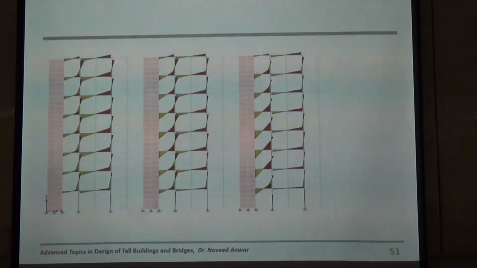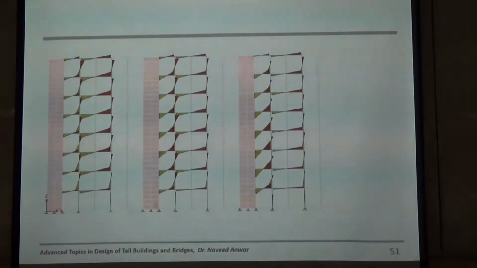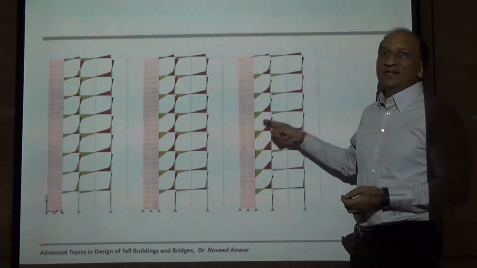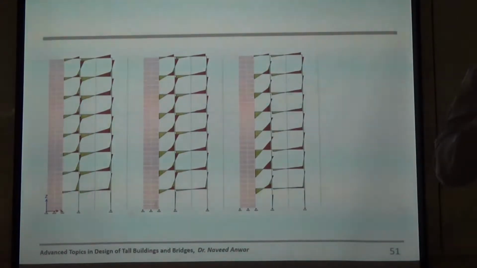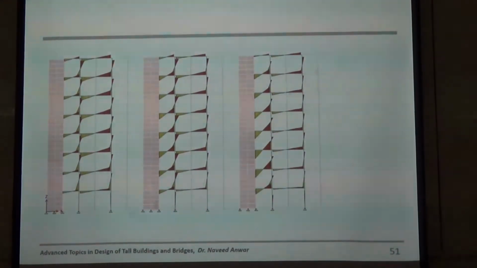So sometimes we have to allow these beams to yield. That means we have to use capacity-based design we talked about last time. We have to allow these beams to have hinges, and that is very important. In fact, that is the main purpose of these link beams: to be designed as hinges, to be designed as energy dissipation devices. So they become like our friends for this seismic design.